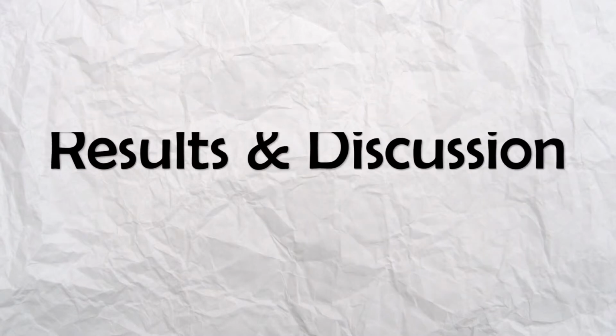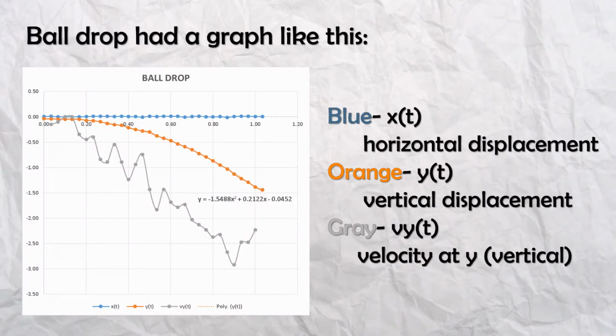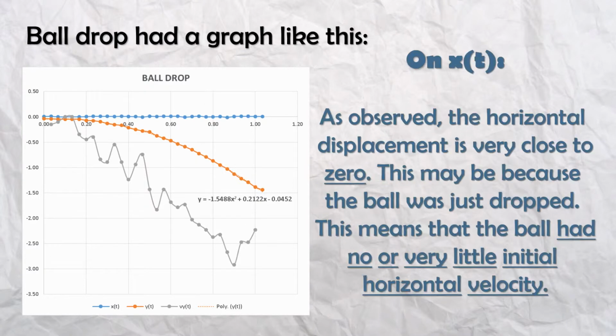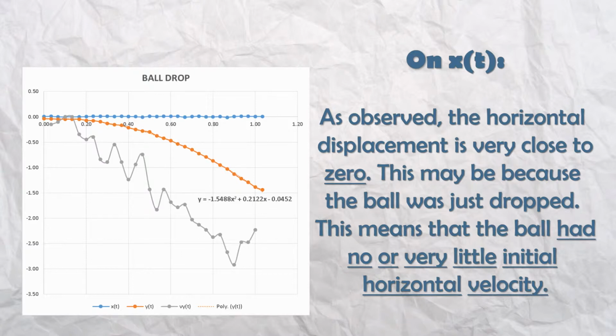Results and discussion. Ball drop had a graph like this. The blue line corresponds to the horizontal displacement, the orange line corresponds to the vertical displacement, and the gray line corresponds to the velocity at y. As observed, the horizontal displacement is very close to zero.